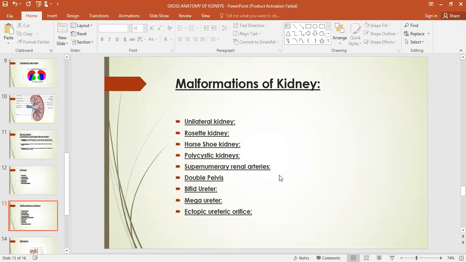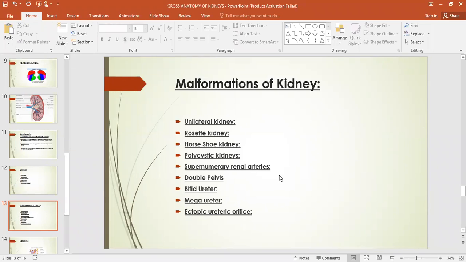The other one is ectopic ureteric orifice, meaning the ureteric opening is not in the bladder but in the urethra. Normally the ureter opens in the urinary bladder, but in the ectopic ureteric orifice, the ureter opens in the urethra.